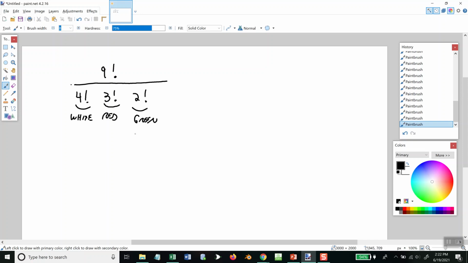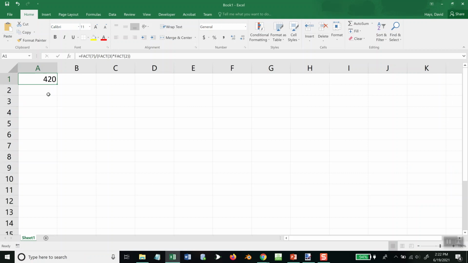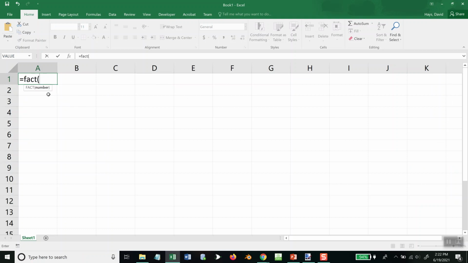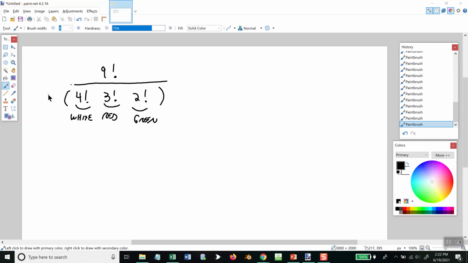Now, the trick is put parentheses around the bottom when you plug this in to Excel. So 9 factorial divided by beginning parentheses around the bottom, the denominator.